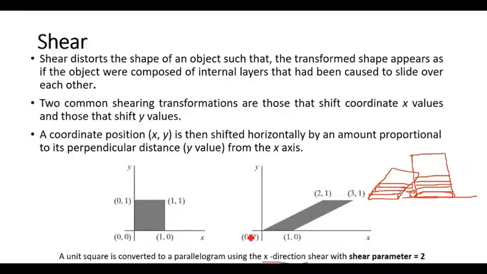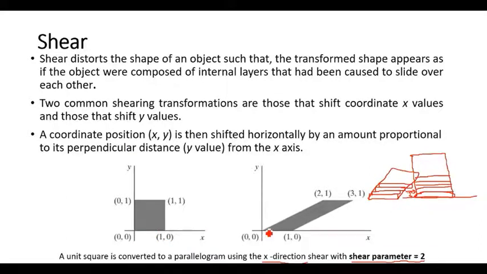Now we are shearing over the x axis with reference line y equal to 0 and shearing parameter 2. Since at y equal to 0, all these points in the object are on the line, you will not move that layer.